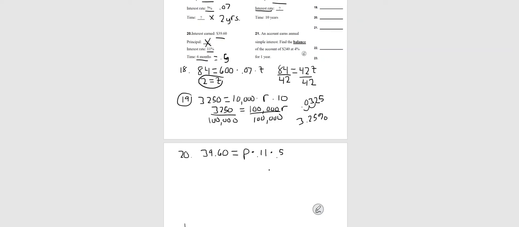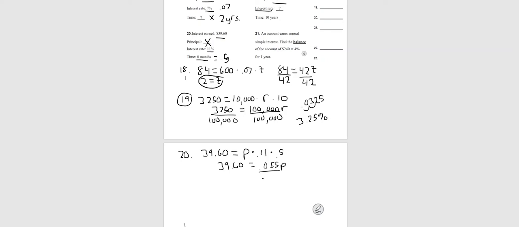If we take 0.11 and times it by 0.5, we get 0.055 times P, and that's going to be equal to 39.60.